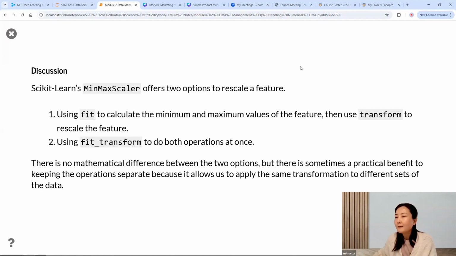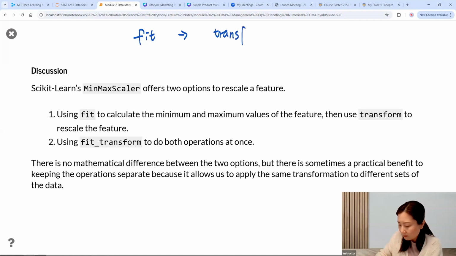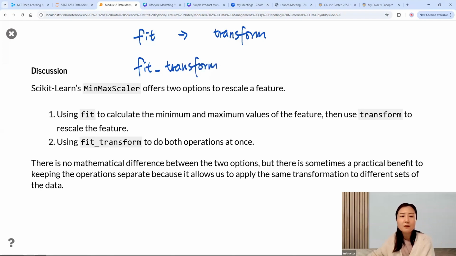So basically, you can do it separately, fit and transform, or directly call fit transform. Mathematically, there is no difference. However, when we talk about machine learning, you will see that we will prefer the first option.